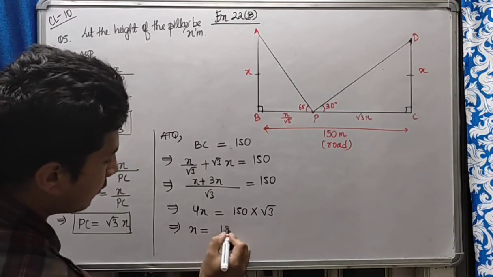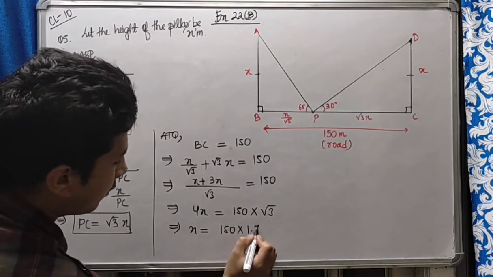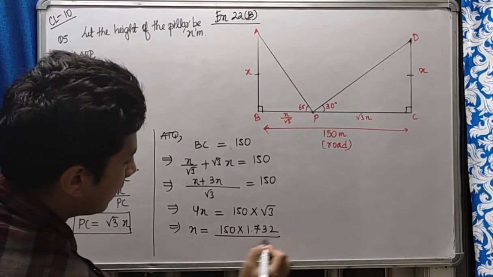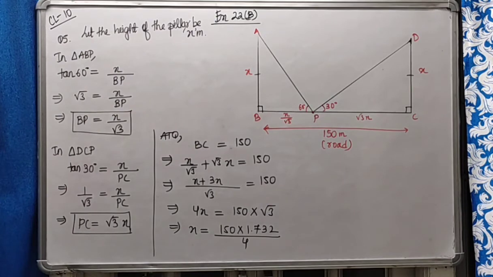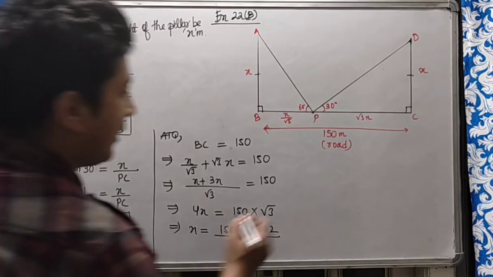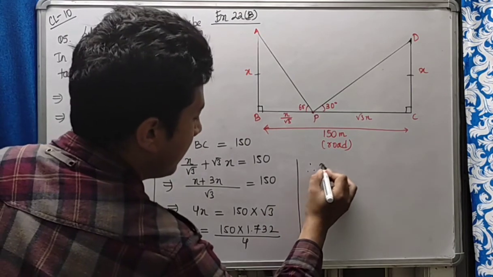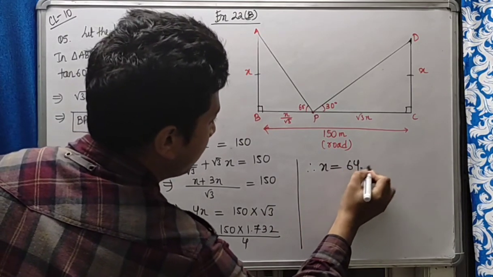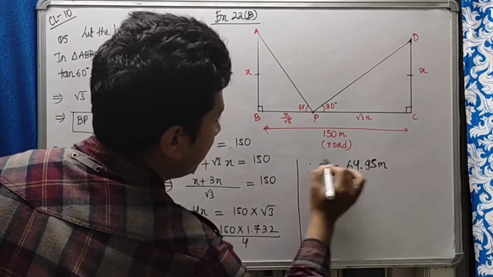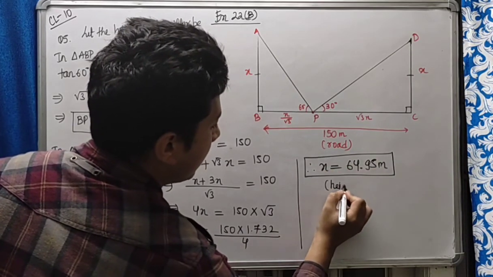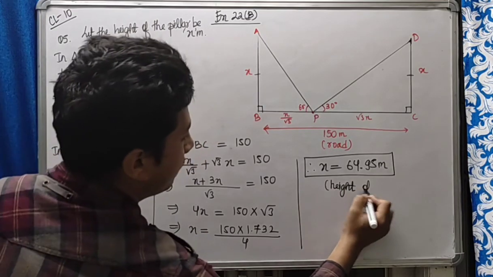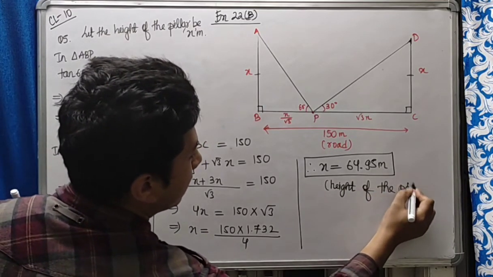So x equals 150 into 1.732 divided by 4. If you do all this calculation, you should be getting 64.95. So the value of x is 64.95 meter, which is the height of the pillar.